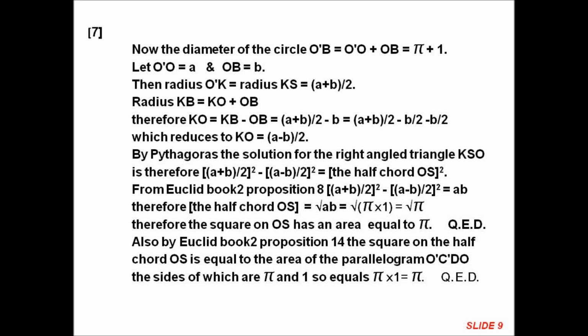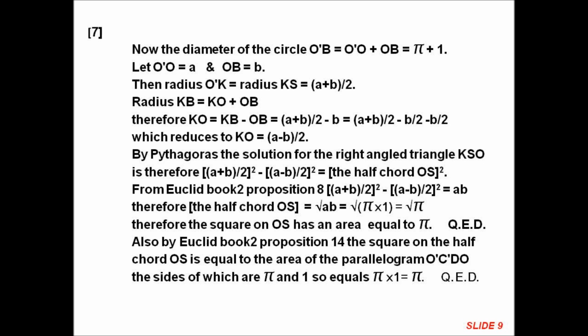7. Now, the diameter of the circle O'B is equal to O'O plus OB, which is equal to pi plus 1. Let O'O equal A and OB equal B. Then radius O'K is equal to radius KS, which is equal to (A plus B) divided by 2.